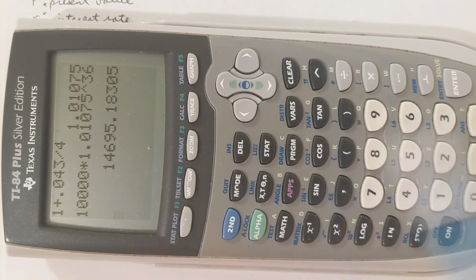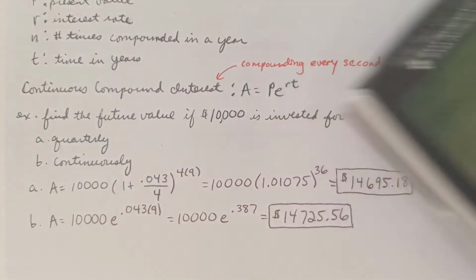Okay, then I would type in 10,000 times 1.01075 to the power 36, and I get $14,695.18.